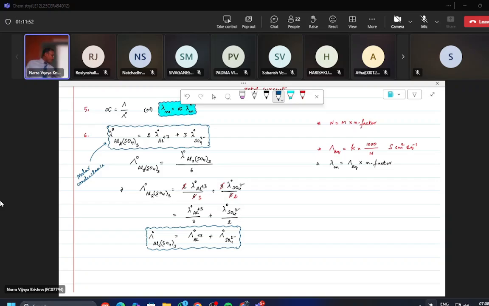For equivalent conductance, we don't care how many cations or anions are present; if I just add the equivalent conductance of cation and anion, you get the equivalent conductance of the salt. But for molar conductance, you need to consider how many cations and anions are present. Clear?